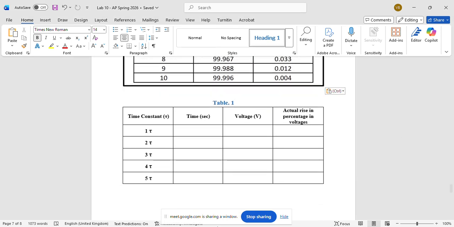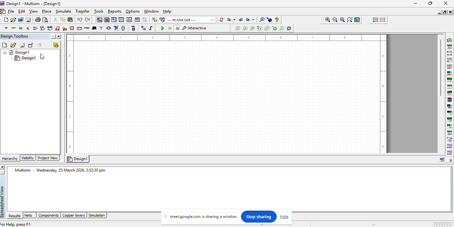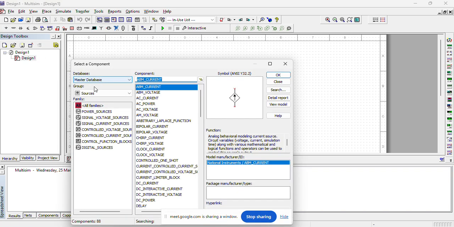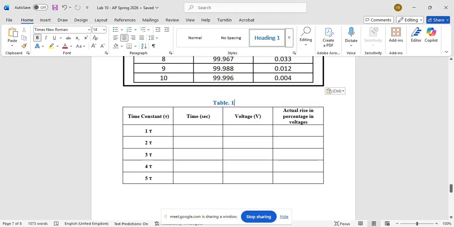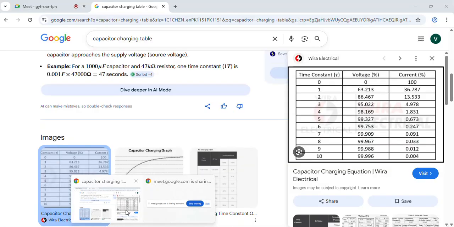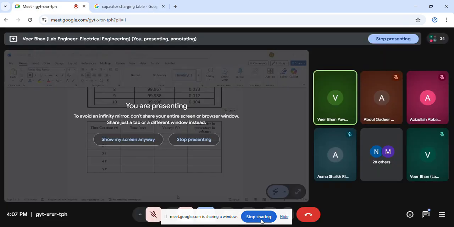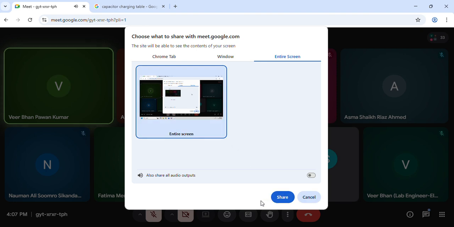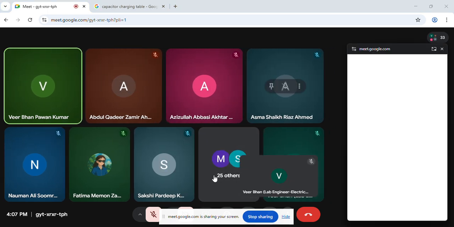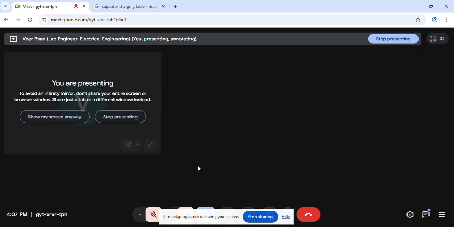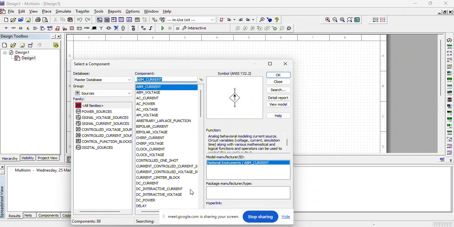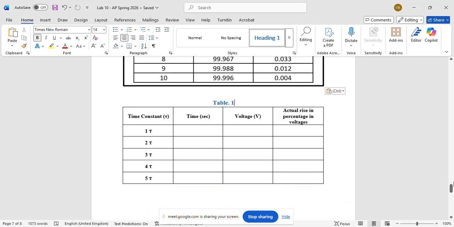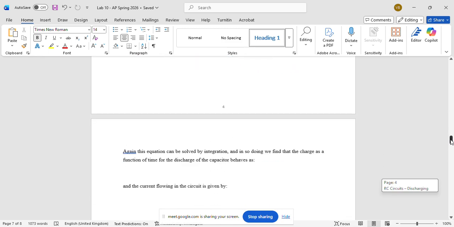So initially we have to build a circuit using Multisim, and that circuit will be exactly like the one already shared in the handout.